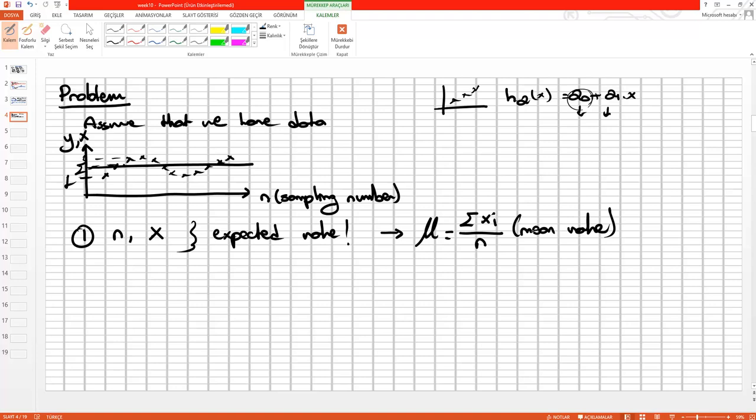Okay? You understand what's the meaning of the mean? Average. And the average is the most expected value in your data set. And in every different data set, it's the same way to calculate these distributions, right?